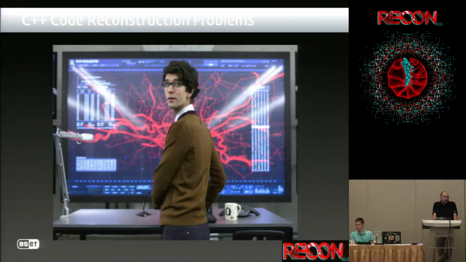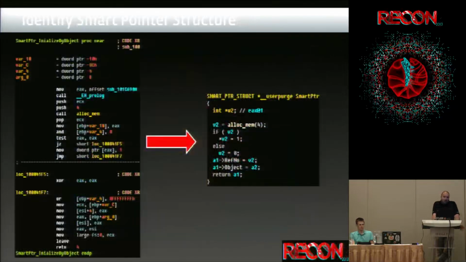If you look at Stuxnet or Flame, it's really big and huge code, and you need to reconstruct so many objects and other stuff manually. For example, this is a smart pointer structure from Flame, and the assembly code is presented here, and after some manual work with structures, it looks really beautiful and short.